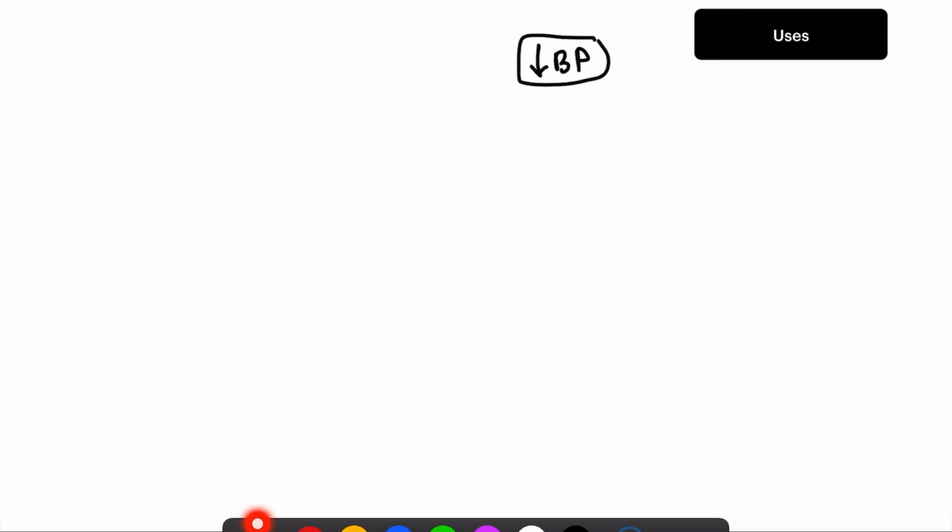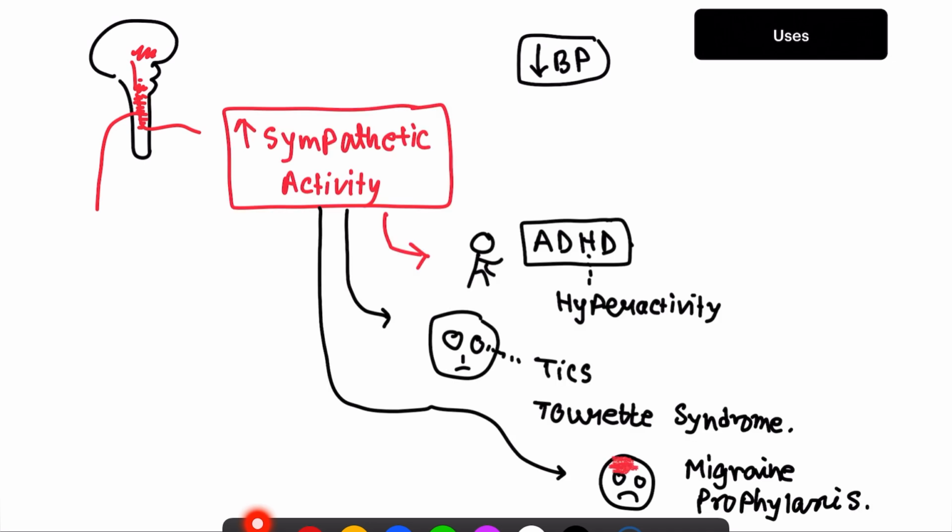So what are the uses apart from this? Apart from reduction in BP, there are some diseases which are associated with increased sympathetic activity, like ADHD, attention deficit hyperactivity disorder in children. This hyperactivity is due to excessive sympathetic activity, and as clonidine leads to sympatholysis, we can use it in ADHD.